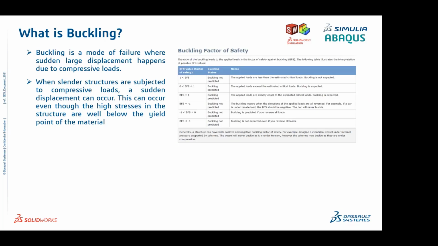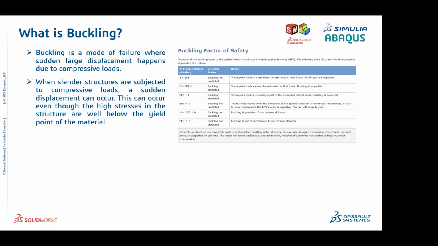What you understand by performing the buckling analysis is the buckling factor of safety. Once you set up the analysis, the tool is going to showcase the buckling factor of safety for your model or whatever design you have done.